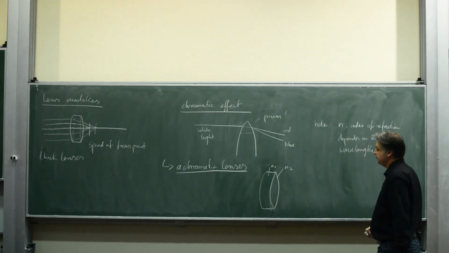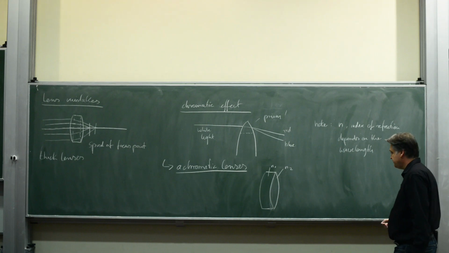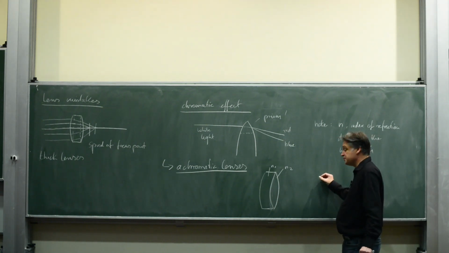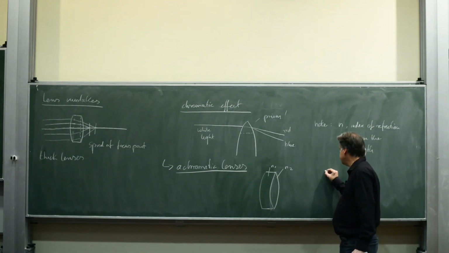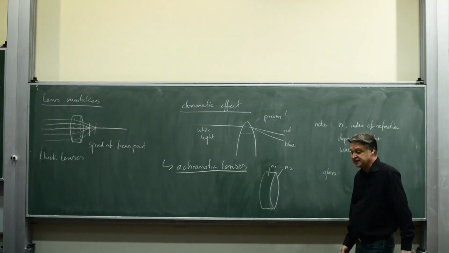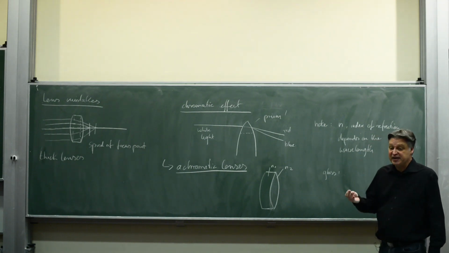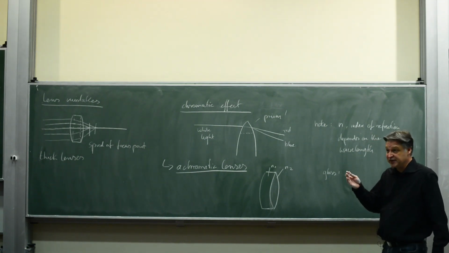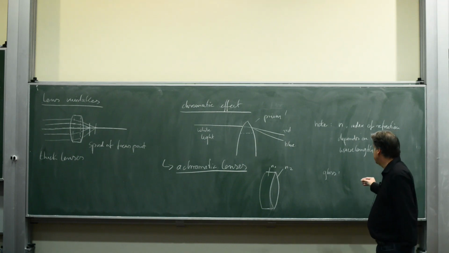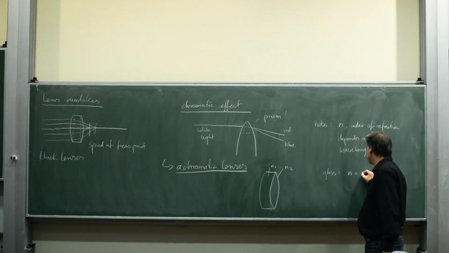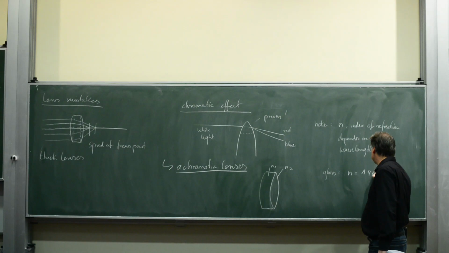And now it's important that glass comes in different qualities. There are different kinds of glasses: borosilicate glass, lead glass, quartz glass, fused silica glass, BK7 glass, industry glass for windows, and so on. And the index of refraction is between 1.46 and 1.52.